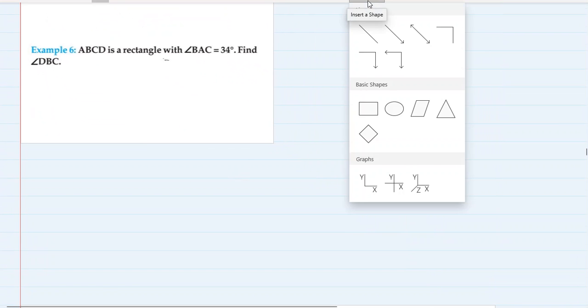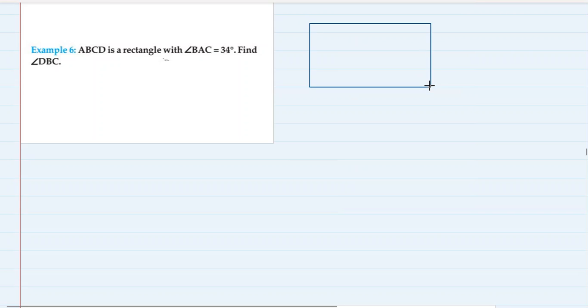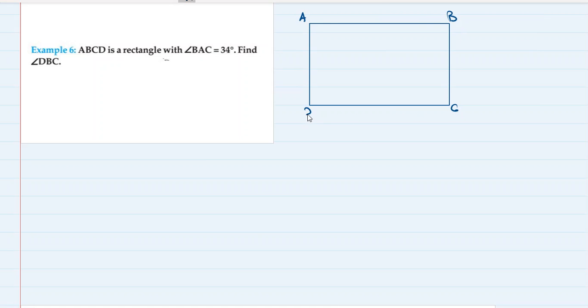So these are mostly the questions based on finding the unknown angles. Just like in triangles, we also had a similar kind of exercise. So ABCD is a rectangle. So each angle will be equal to 90 degrees and opposite sides are equal and diagonals are equal. Angle BAC is 34 degrees.